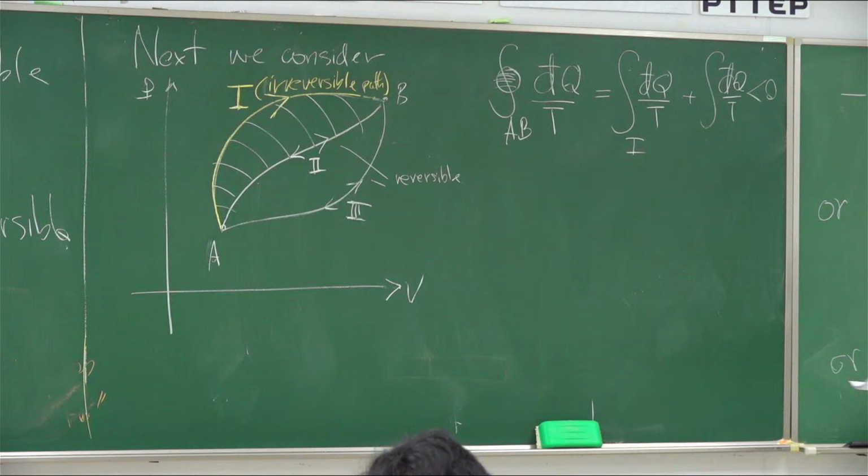The entropy change of the universe is the change of S1 plus the change of S2 plus the change of S3, which must be greater than or equal to 0. But each of these bits can be positive or negative. But when you sum them all up, this inequality must hold.